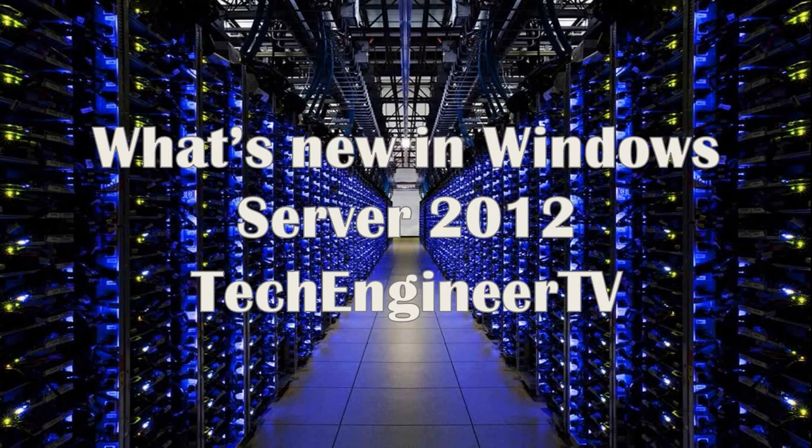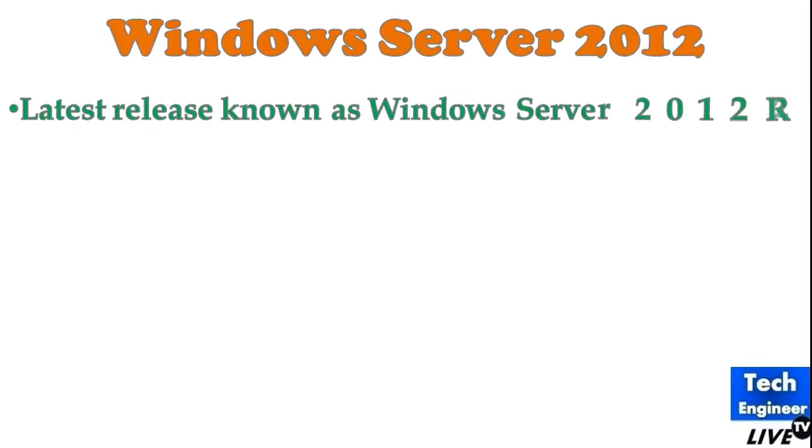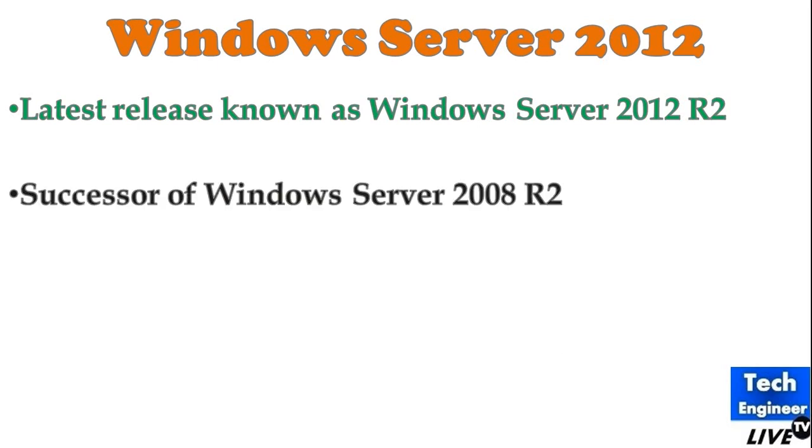So basically, Windows Server 2012's latest release is known as Windows Server 2012 R2. In the past they had Windows Server 2012, and now they have the latest release, Windows Server 2012 R2. It's a successor of Windows Server 2008 R2, and Windows Server 2012 was the successor of Windows Server 2008.